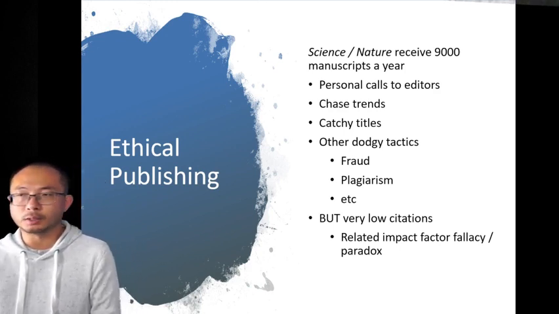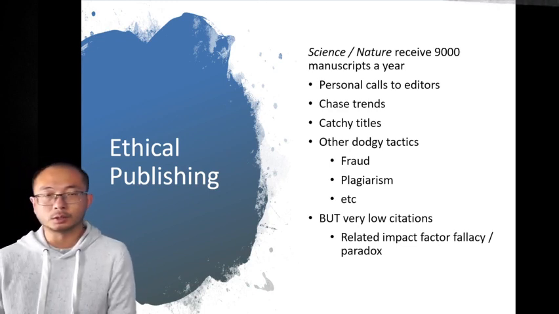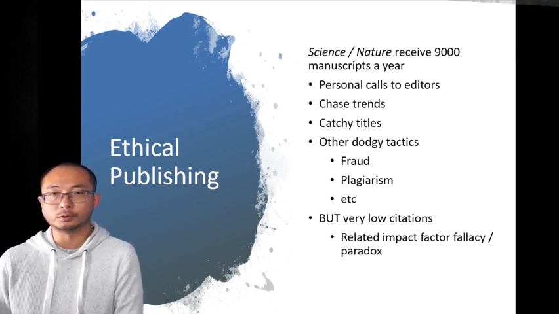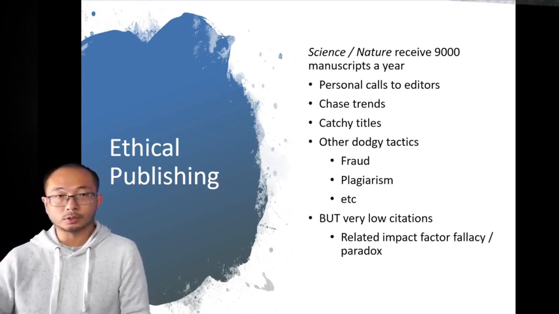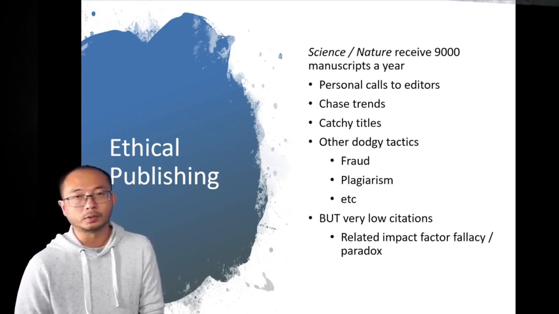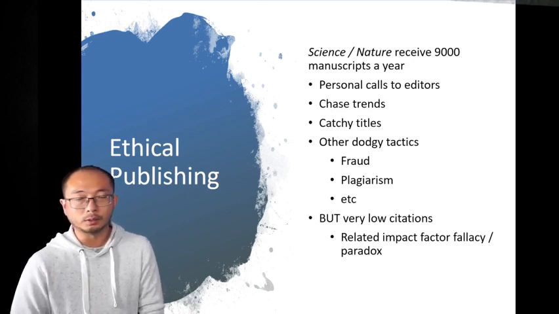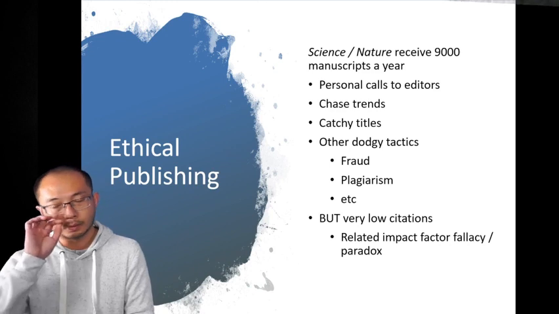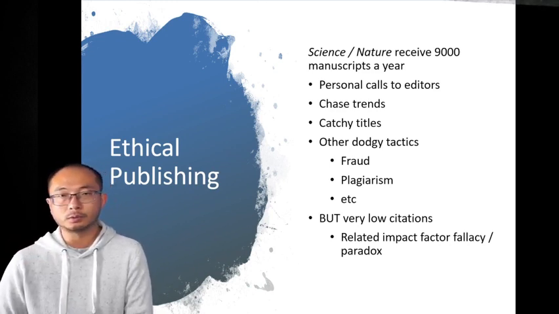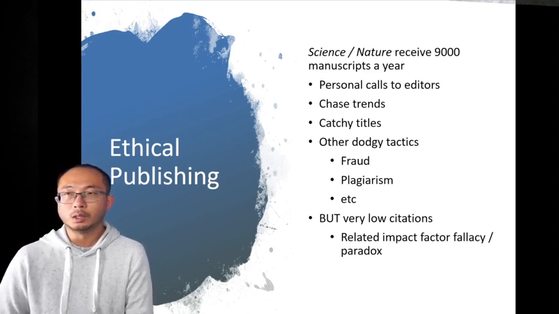But actually, if anyone among you has time, look at the citations among Science and Nature articles. Very seldom do they have very high citations. Look at any prominent researcher anywhere, look at their publication list. Quite often they will have a citation number attached to them, and Science and Nature papers tend not to be very well cited.